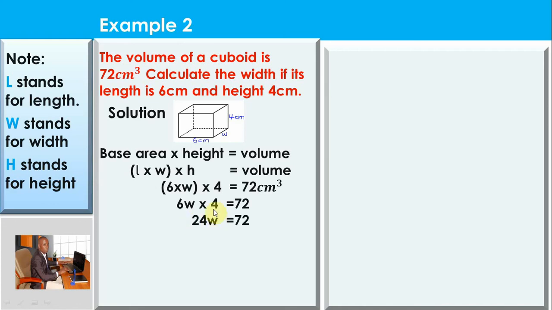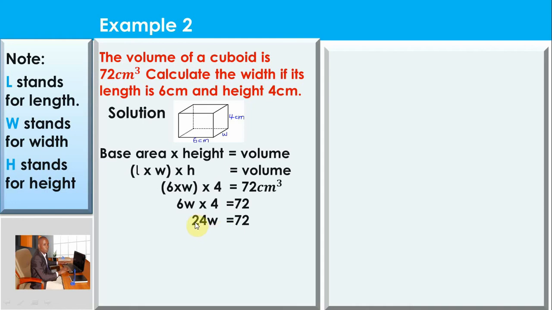Now it goes back to the same thing which we did in example number 1. If you have 24w, we are looking for the value of w, so w should remain alone. Since 24w means 24 times w, and we are multiplying, we can divide on both sides when crossing the equal sign.